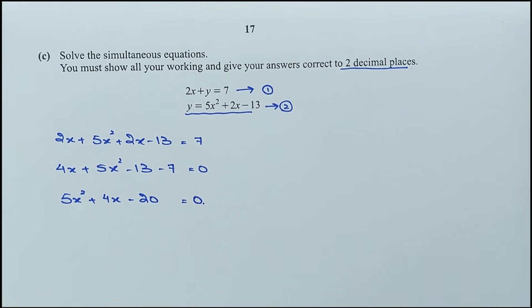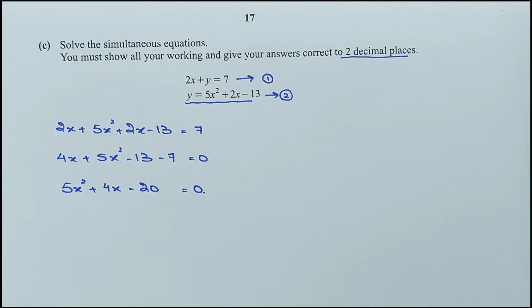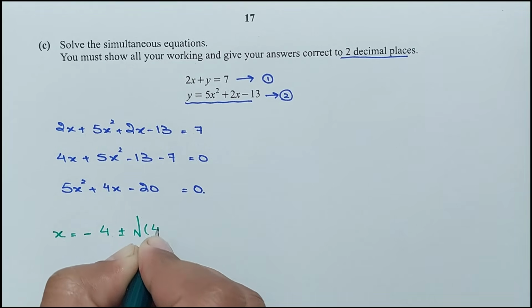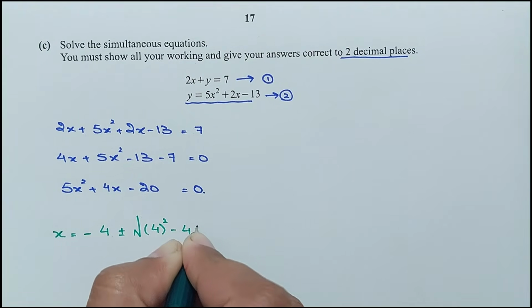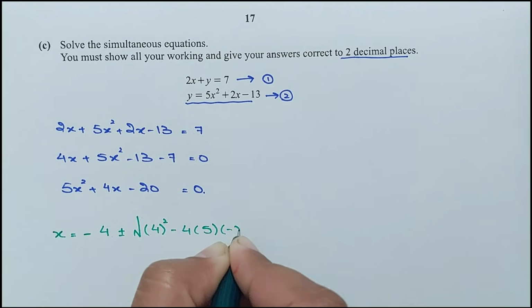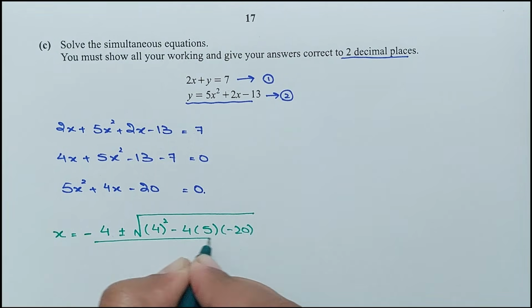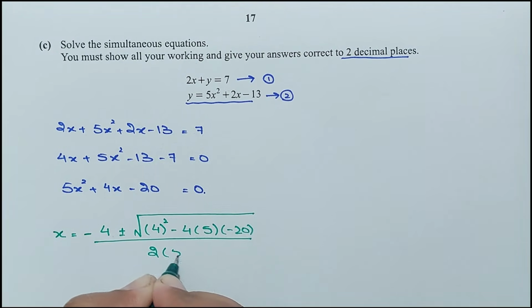Now let me factorize this. Okay, it's hard to find the factors, so let me use a quadratic formula over here, right? So x should be equals to negative of b value plus minus square root b square minus 4 times the a value times the c value divided by 2 times of the a value, right?